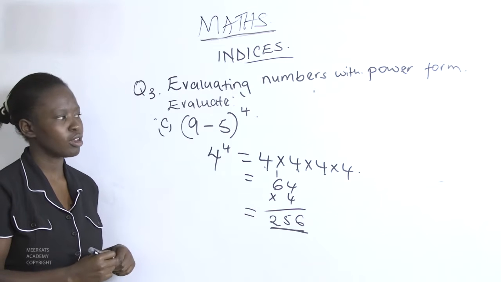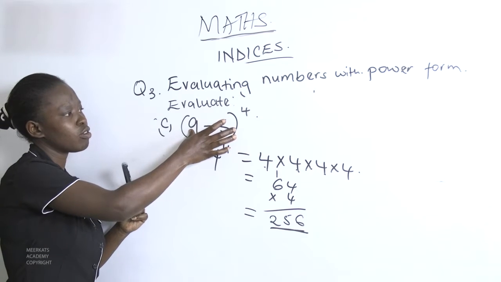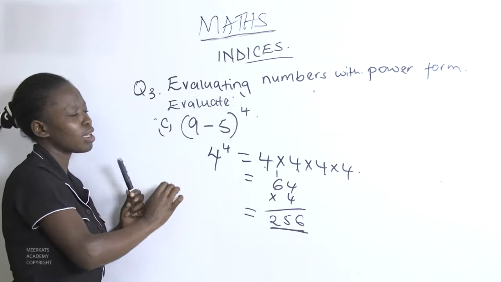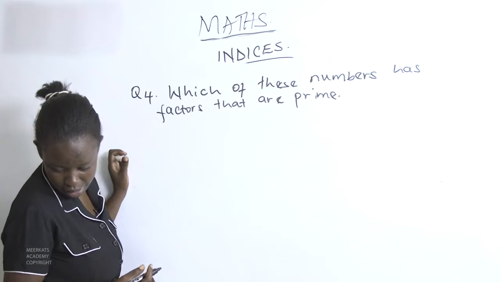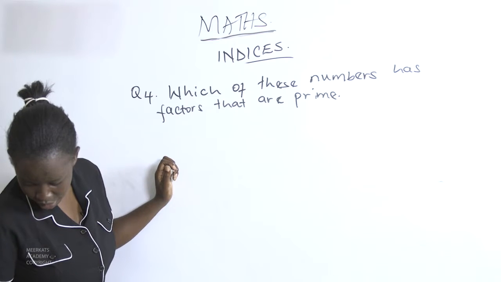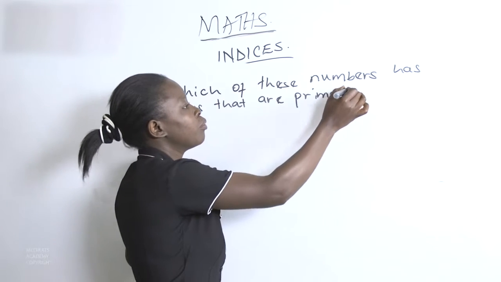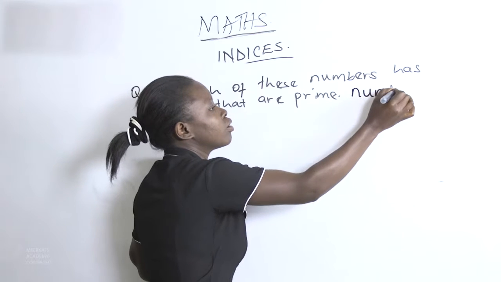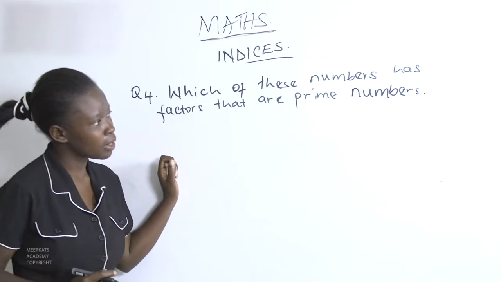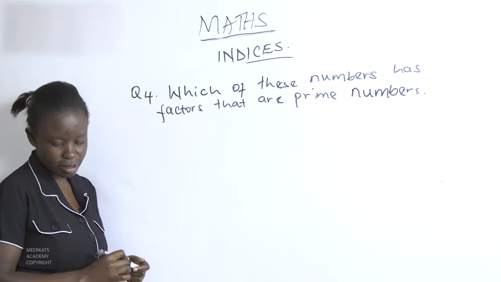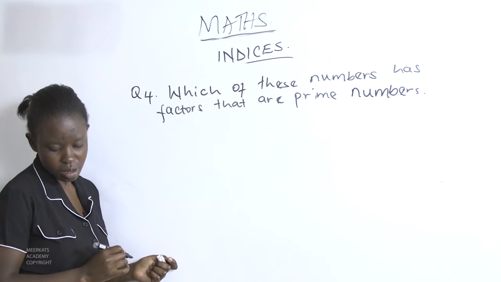So the question is, which of these numbers has factors which are prime numbers? So we need to find out the factors that are making up the number and find out, are the factors prime or not?